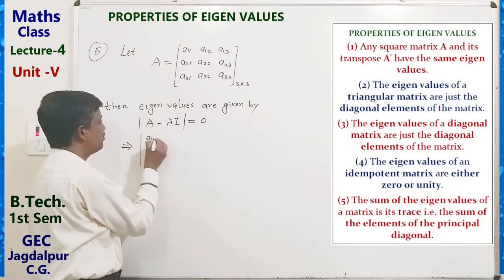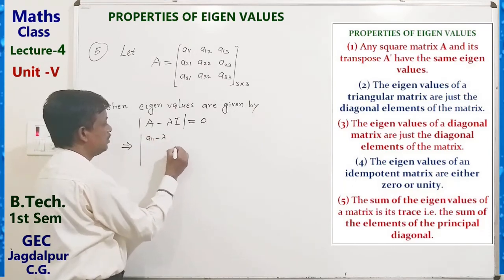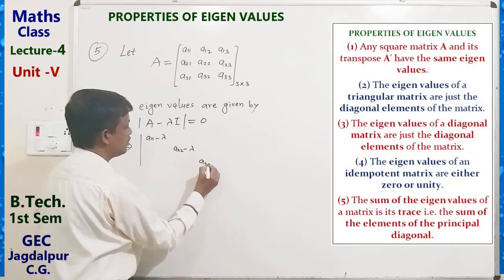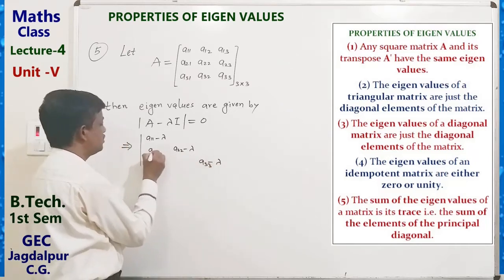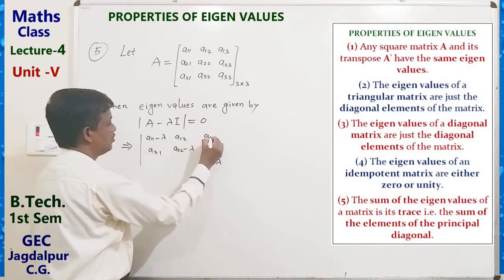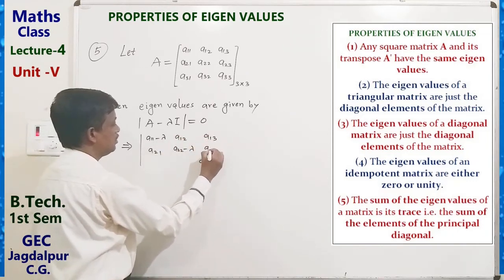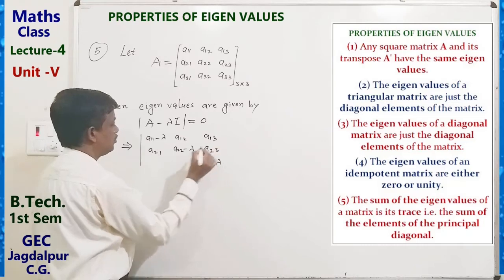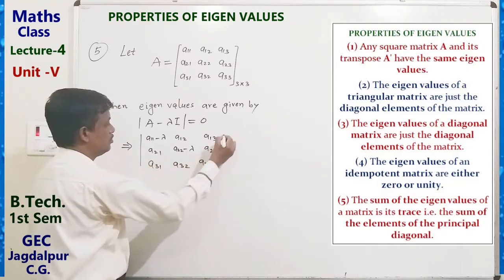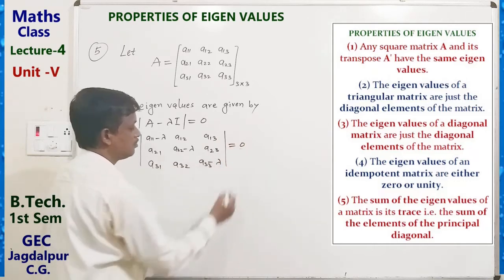So A11 minus lambda, A22 minus lambda, A33 minus lambda, and the remaining elements are the same: A12, A13, A21, A23, A31, A32.